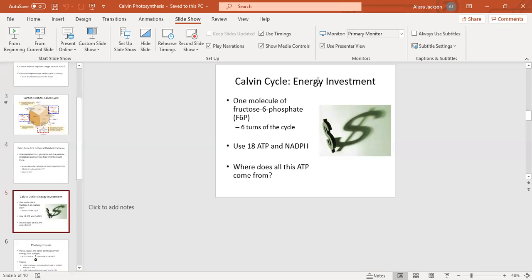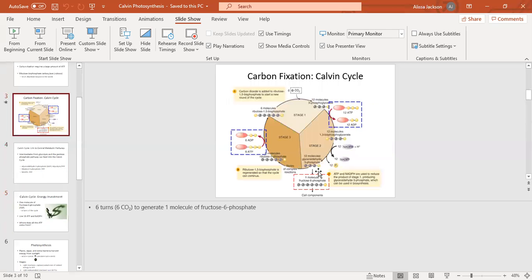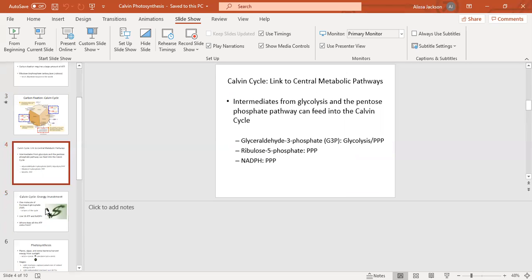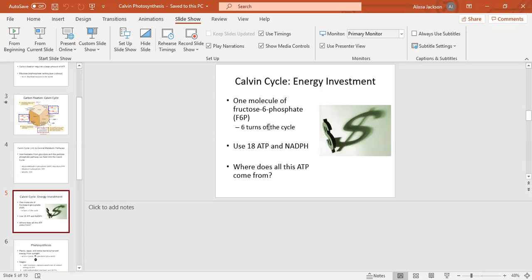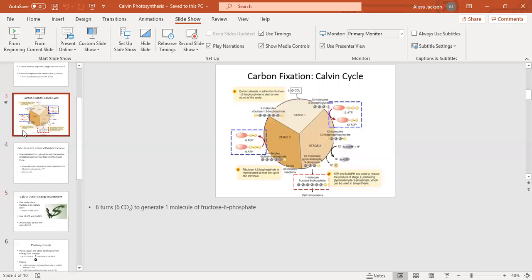Calvin cycle energy investment. So one molecule of fructose 6-phosphate, 6 turns of the cycle. Wow. That's cool.